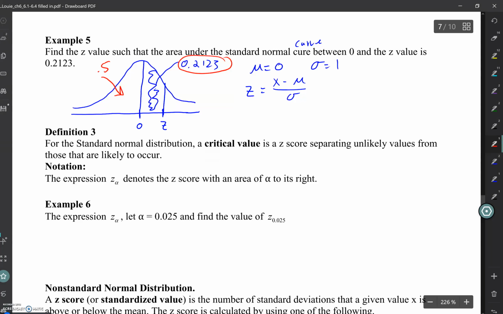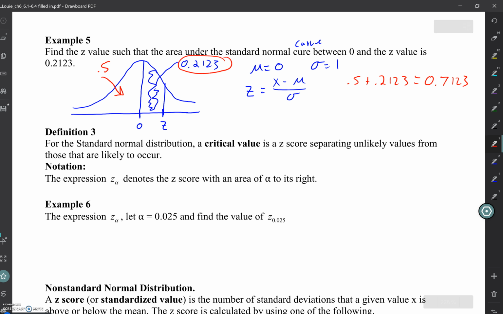So if I want to be able to find that z value, I need to do 0.5 plus 0.2123. That's half, because the mean cuts your distribution in half. So we've got 0.7123. So that's the area I actually need.